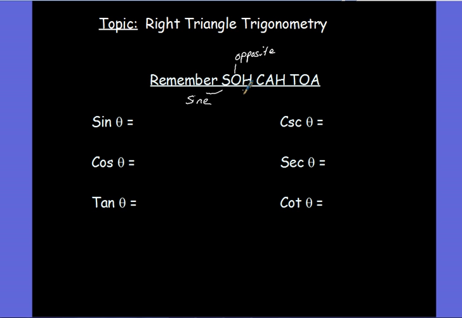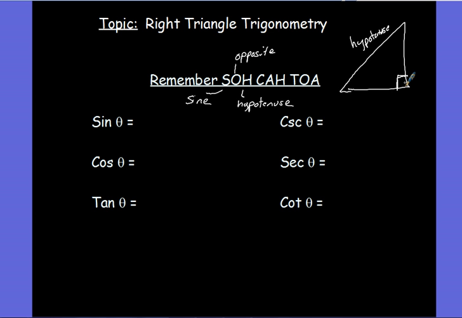And H, of course, stands for hypotenuse. So what kind of triangle has a hypotenuse? There's only one. A right triangle. Okay? So if we have a right triangle, obviously then my hypotenuse is always across the right angle, right? So there's my hypotenuse. And then sine is the opposite over the hypotenuse.